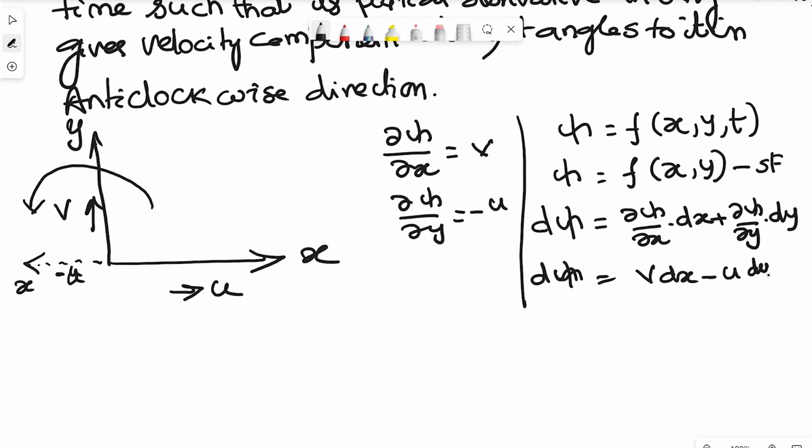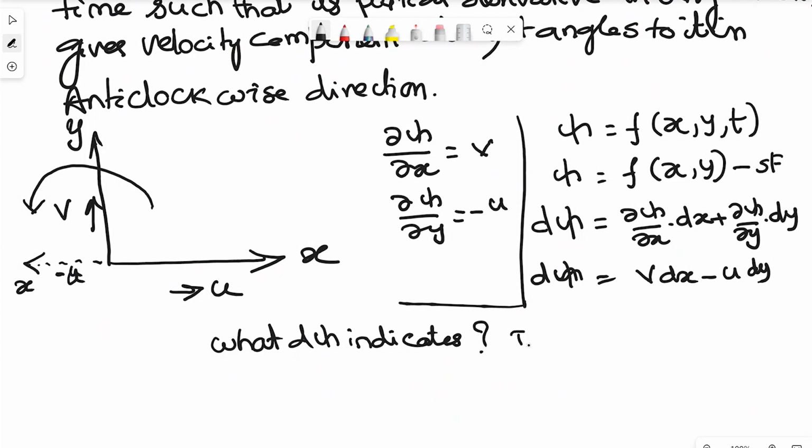Now what does d psi indicate? D psi indicates the flow across the line.